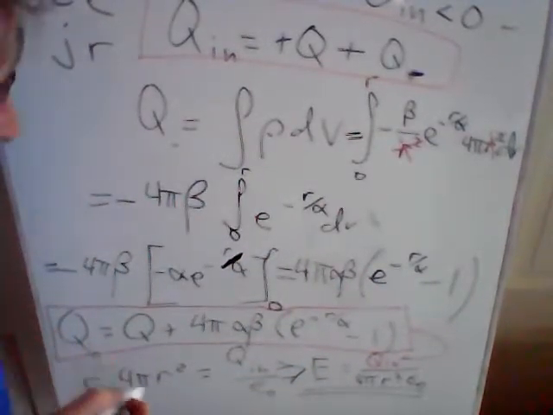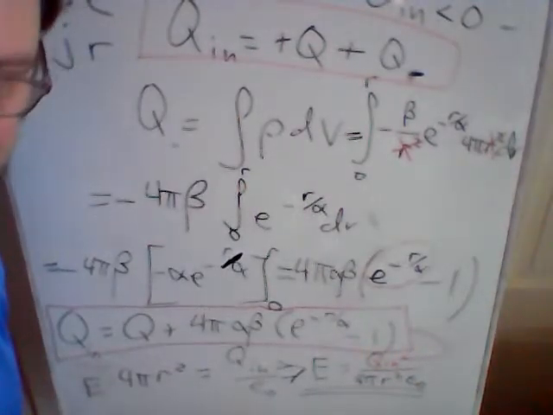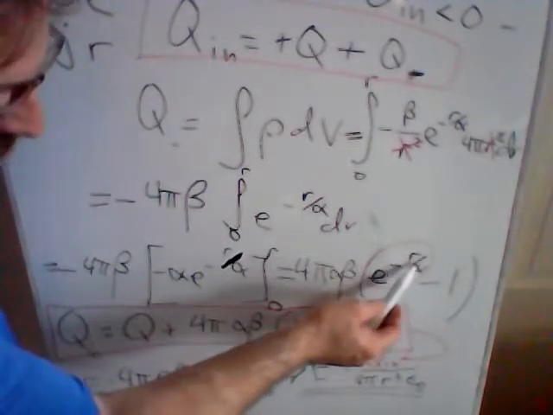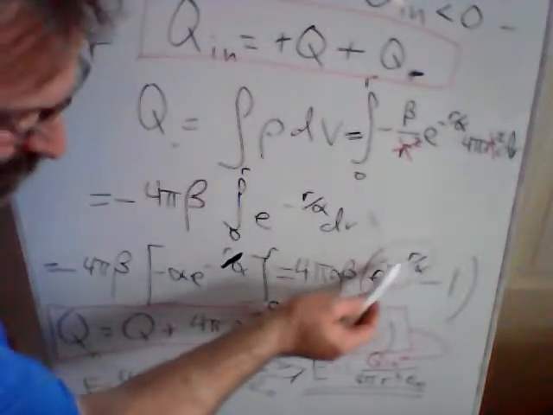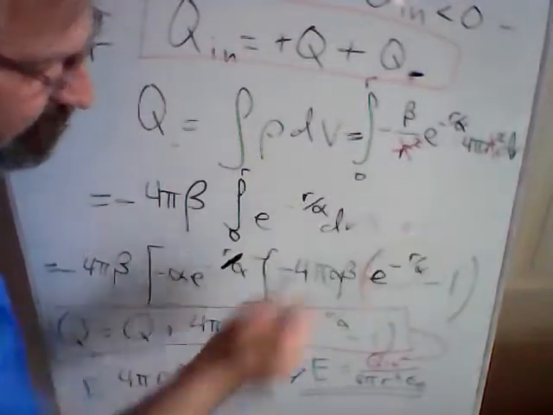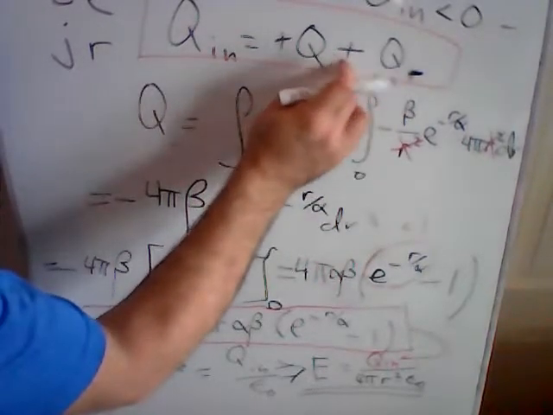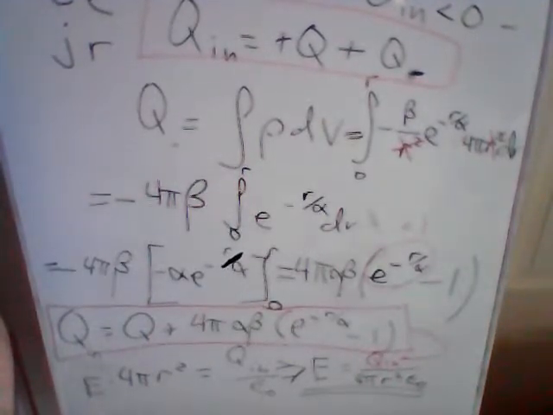It doesn't look necessarily negative, but this thing right here is a declining exponential with an intercept of 1. So at 0 r, this is 1, and it's smaller for r getting bigger than 0. That means this number is definitely smaller than 1 for r greater than 0. So this minus 1 is a negative number. So this is the negative charge. That's why I was being a little sloppy right here. I snuck that through there by you. But yes, I hope that explains why it's not minus that.